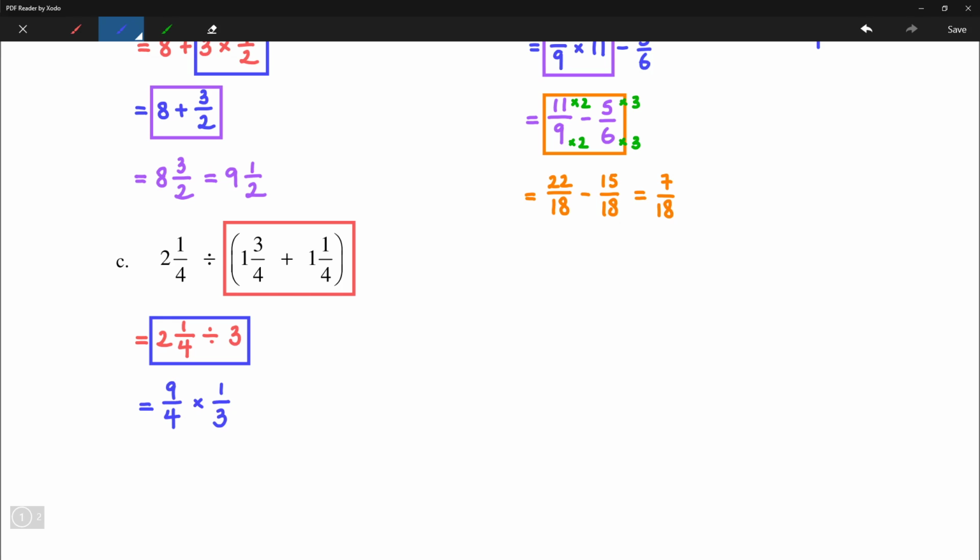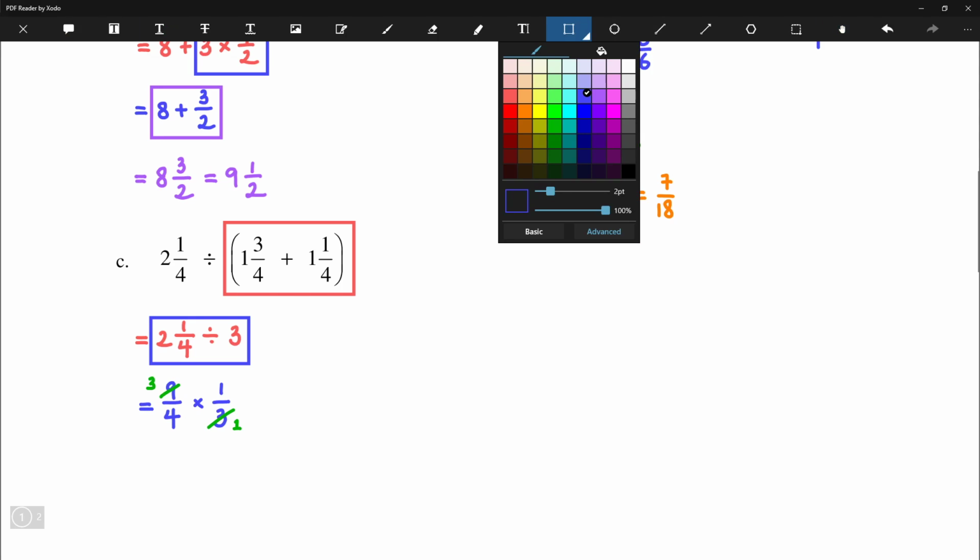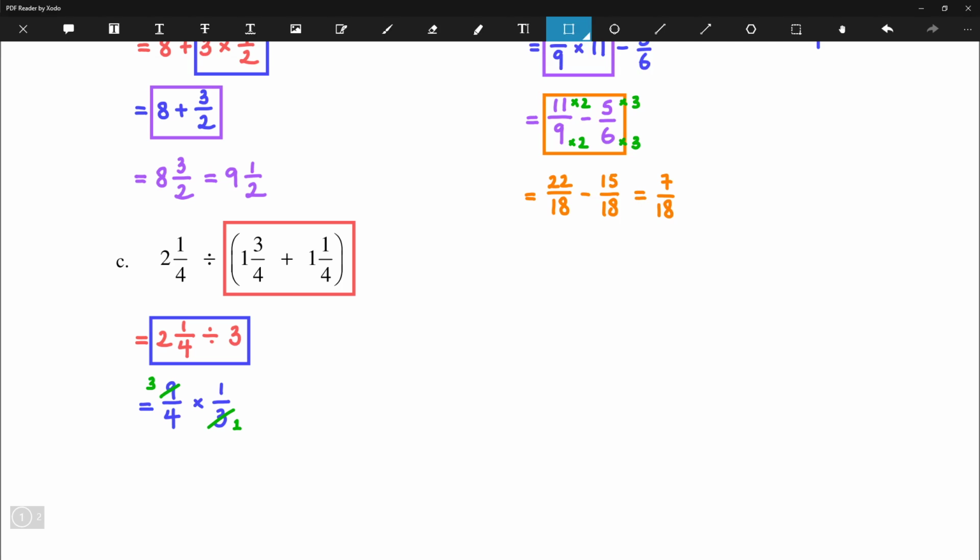This simplifies a little bit, so 3 and 1. So finally, the answer, oh, that's okay, actually. Sorry about that. 3 times 1 is 3, and 4 times 1 is 4. So this would just be 3/4 is the final answer in that case.